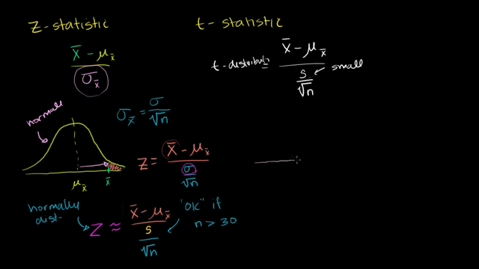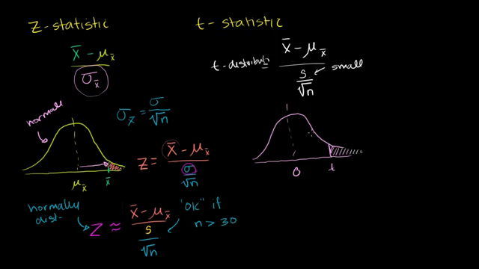Over here in a t distribution, and this will actually be a normalized t distribution because we subtracted out the mean, you're going to have a mean of 0. And what you want to do is figure out the probability of getting a t value at least this extreme. So this is your t value you would get, and then you essentially figure out the area under the curve right over there.